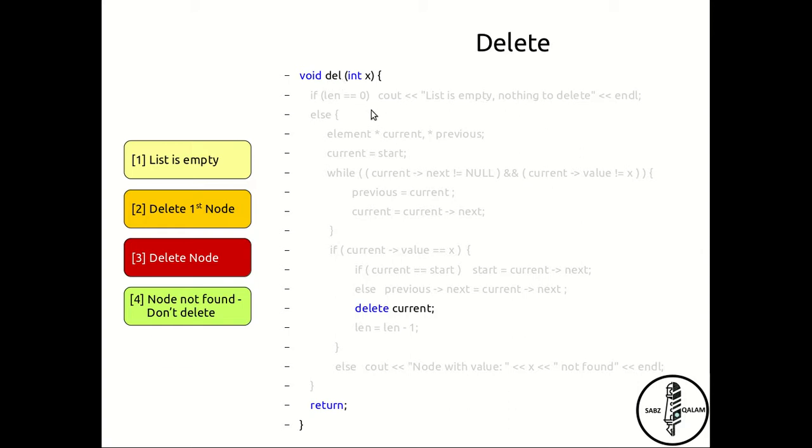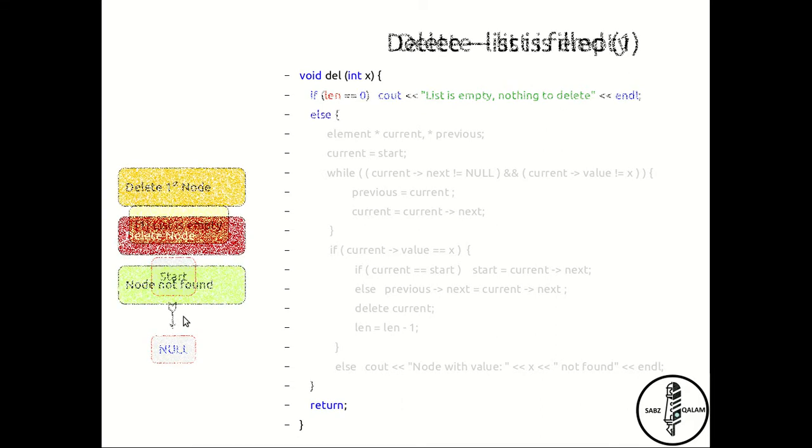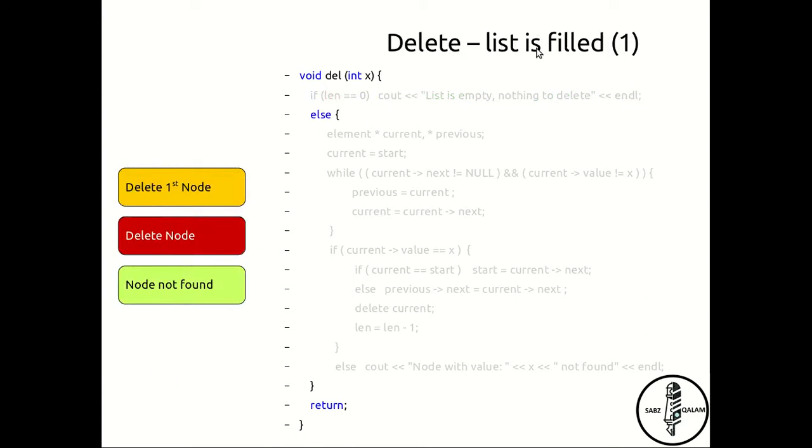Okay, now when the list is empty, you can check it by 2 conditions. Either start would be equal to null or the length will be equal to 0. In either case, if the length is equal to 0 or if start is equal to null, you can simply say, well, the list is empty, so there's really nothing for us to delete. Right? So that resolves our first condition. The second is, what happens if the list is filled?